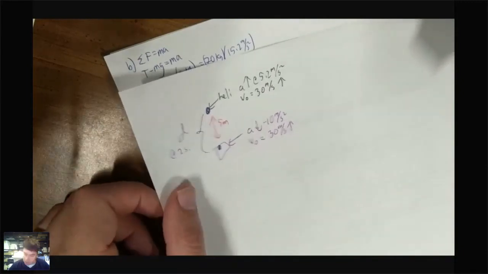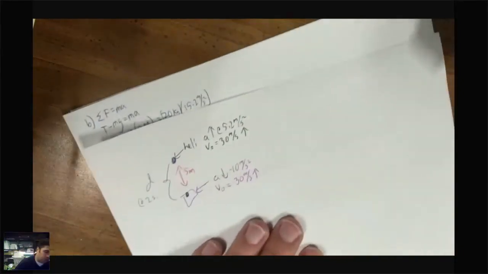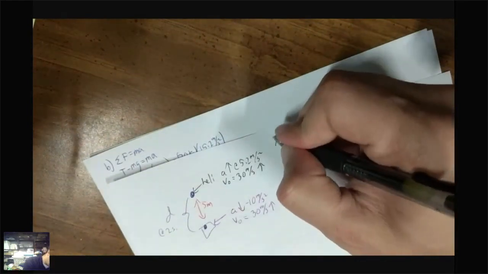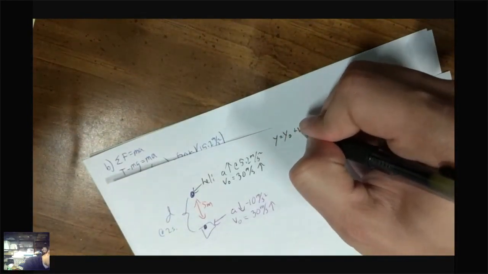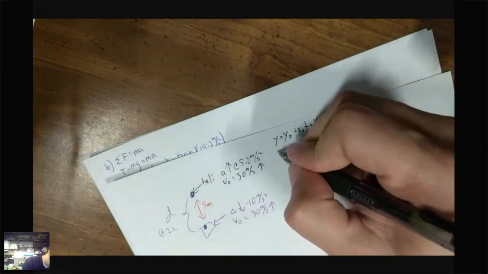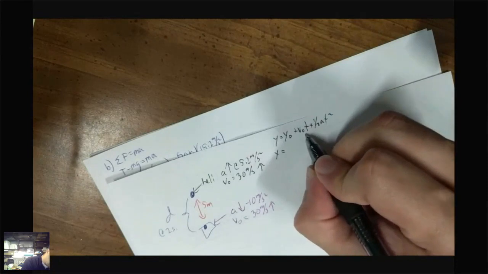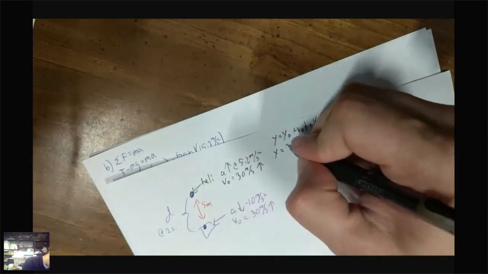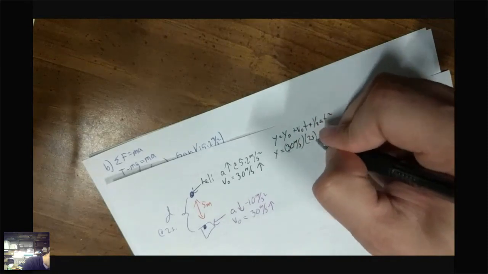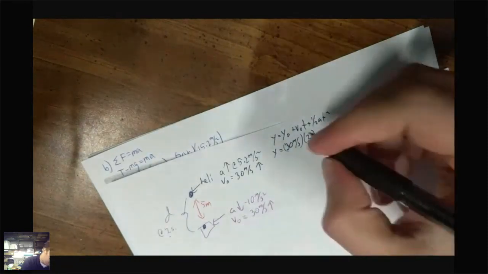All right, so let's do it. So I'm going to start with the helicopter. We're looking for a distance, so I'm going to do y equals y naught plus v naught t plus 1/2 at squared. So for the helicopter, it has a V naught of 30 meters per second. It's going to continue for 2 seconds because that's the time we needed from this.